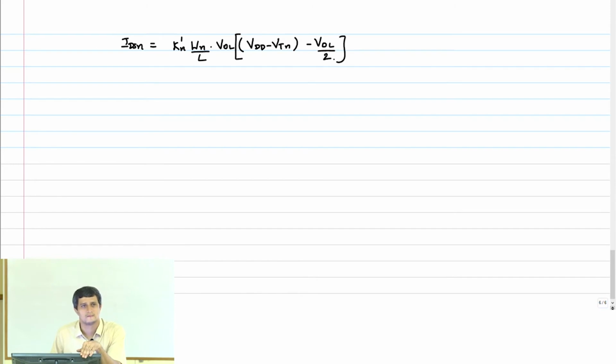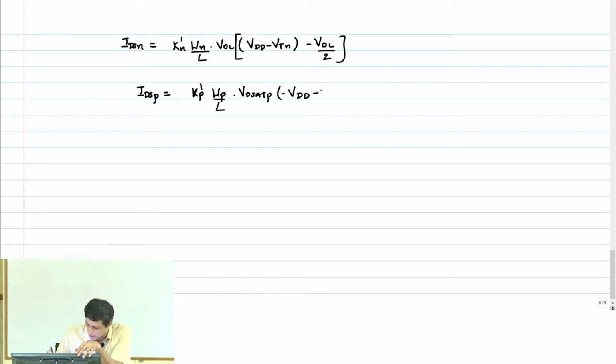Now, what is IDSP? Kp prime Wp by L into Vd sat P into minus VDD minus VTP minus Vd sat P by 2. Clear?